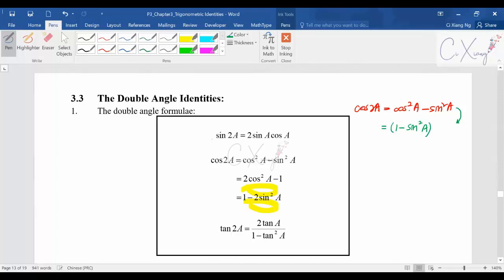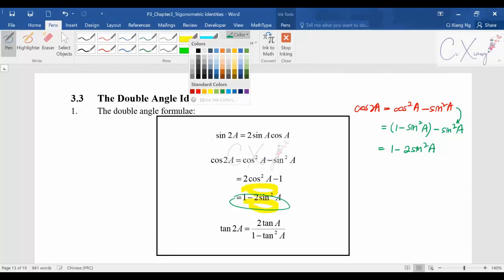Therefore, cos square you can rewrite as 1 minus sine square, then minus sine square again. If you simplify, you'll get 1 minus 2 sine square A, which is the last equation that you can see here.